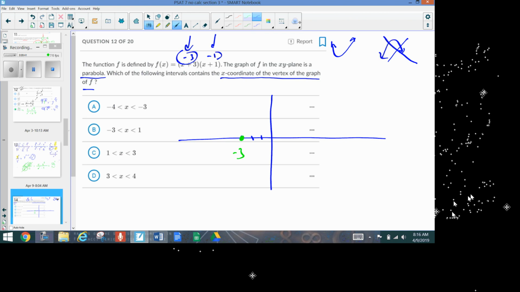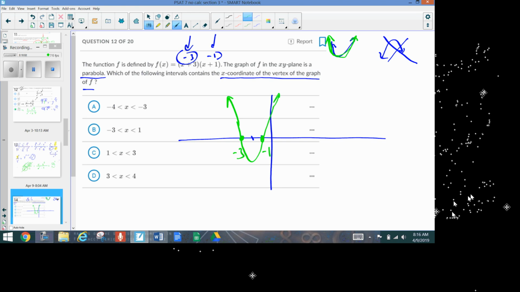That's right. It's right here. -1. So you said the graph is going to be something like this, right? So let's make the graph. Roughly, guys. Does that make sense? I just drew that roughly.